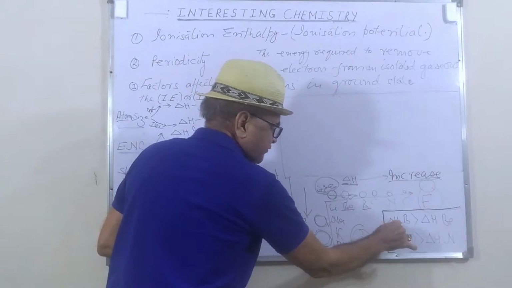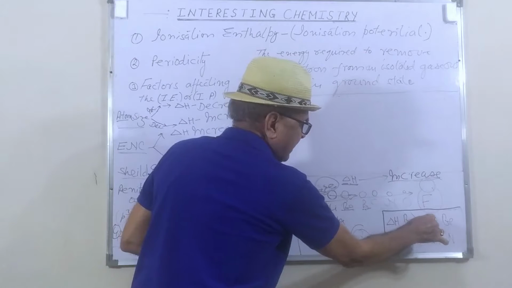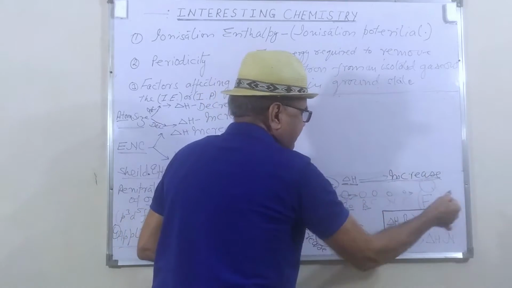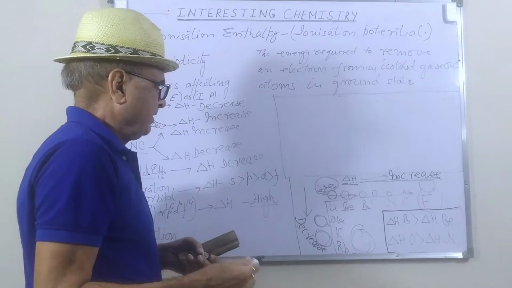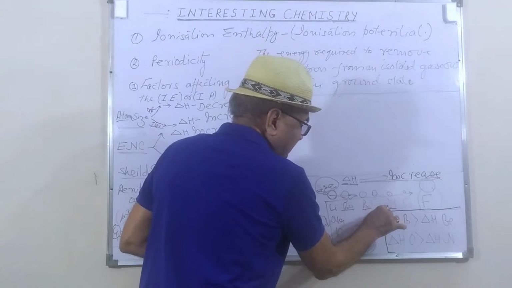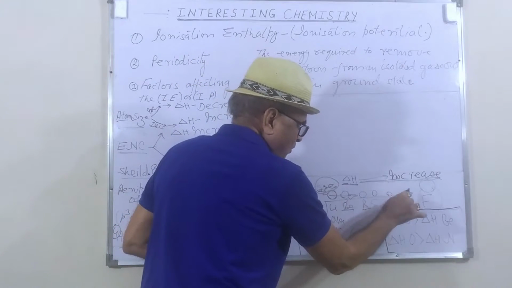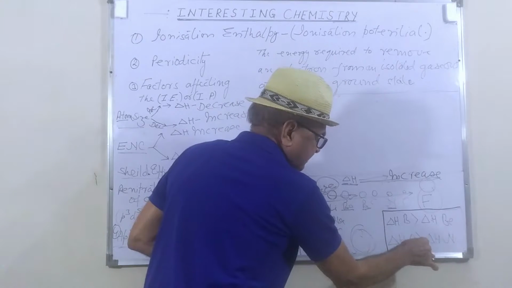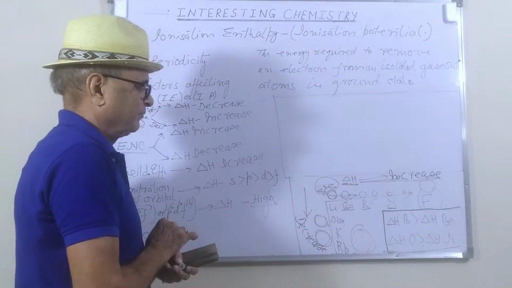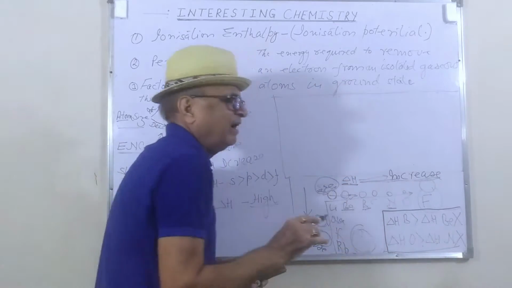So the delta H of boron is more than the delta H of beryllium according to the periodicity, according to the trend of the delta H. In the same manner, here the delta H of N and the delta H of O. So the delta H of O is greater than delta H of N. But both these statements are incorrect.